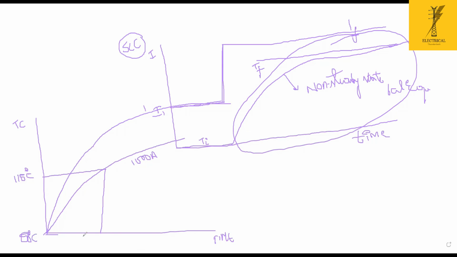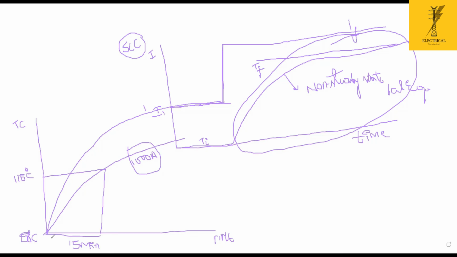How much time does it take? Suppose 15 or 16 minutes. So I can say my conductor can carry 1,000 amps only for 15 minutes. Similarly, for other cases like 40 kA or 25 kA, you see a significant decrease in this time, so it will withstand only for 1 second or less.